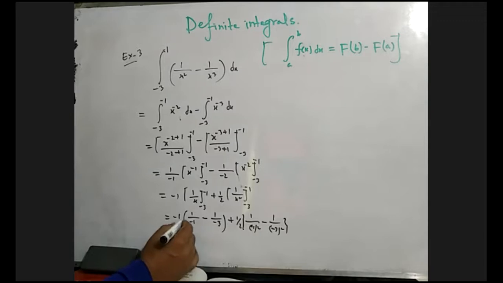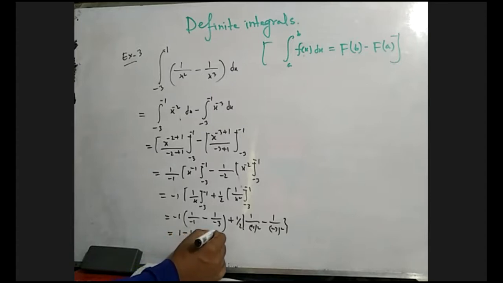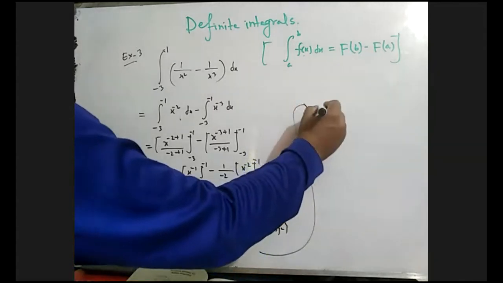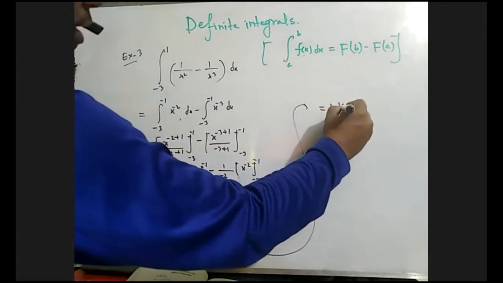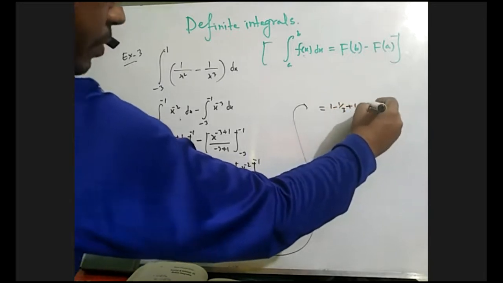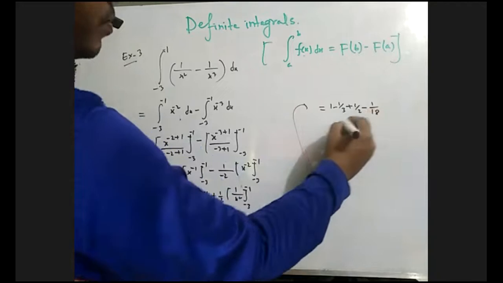This equals minus minus plus, minus minus plus, plus minus, and minus 1 by 3, 1, minus 1 by 9. After this line, 1 minus 1 by 3 plus half minus 1 by 18.